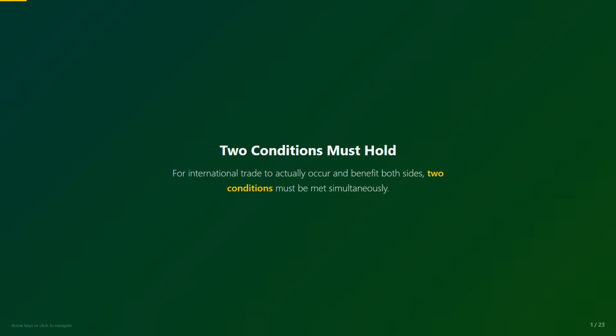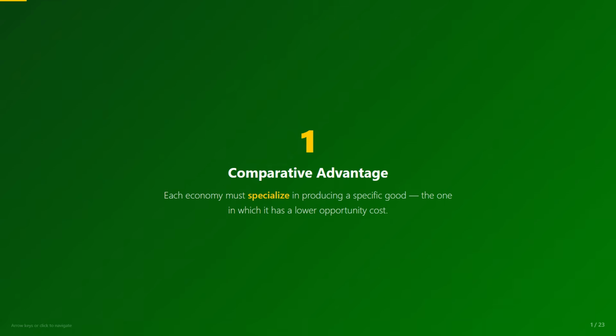Let's start with the first condition, comparative advantage, meaning specialization in production. We already saw in the previous lesson that absolute advantage is not what determines whether trade is beneficial, but rather comparative advantage. As you recall, economy A has a comparative advantage in cheese, and economy B has a comparative advantage in milk.